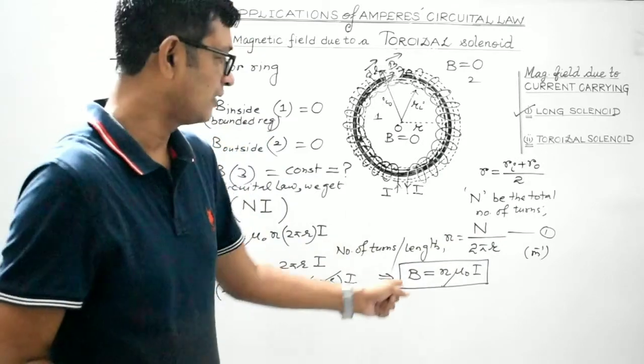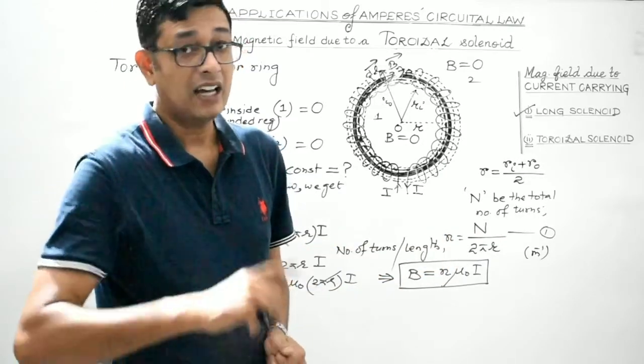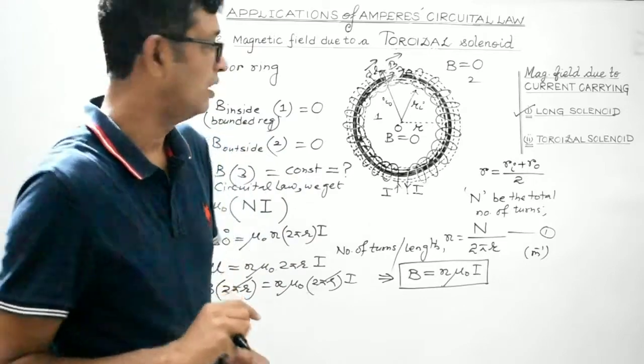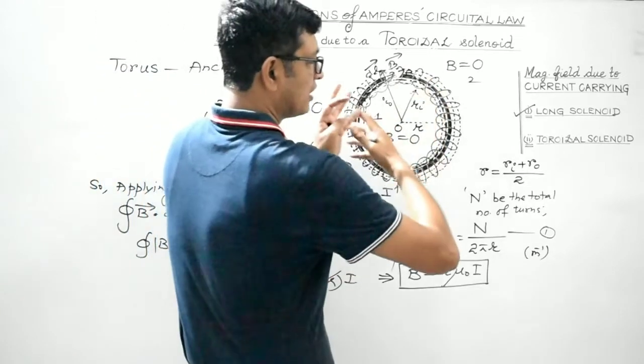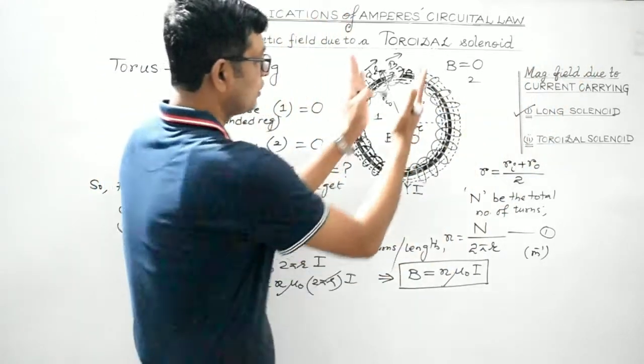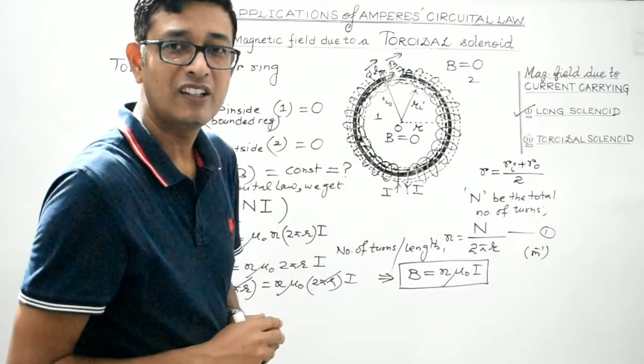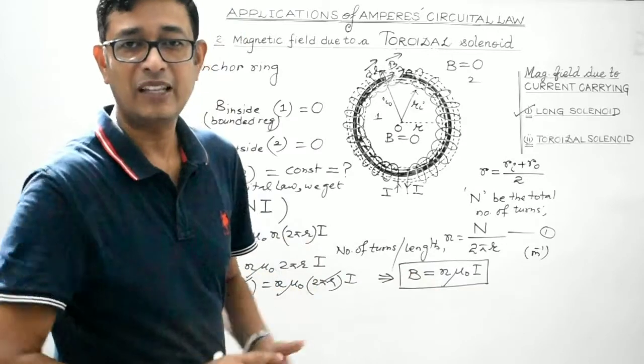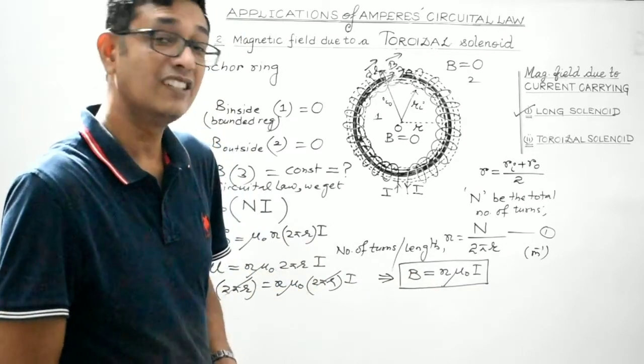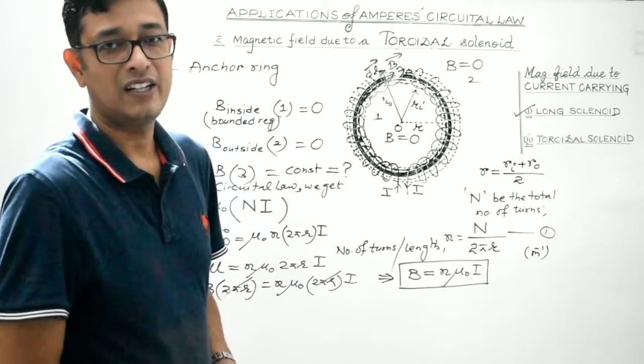Clear? Rest everything will remain same. And I have justified it theoretically as well. If you consider a toroidal solenoid of extremely large radius, then a small portion of this toroidal solenoid will act as a straight solenoid only. So the formula will remain same, n mu naught I, isn't it? n is the number of turns per unit length.